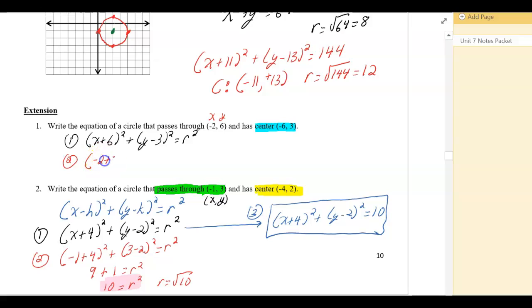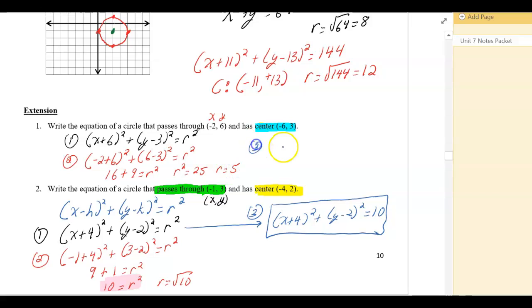So negative 2 plus 6 squared plus 6 minus 3 squared is equal to r squared. Using my calculator, I get 16 plus 9 is equal to r squared, which tells me r squared is 25, or the radius is 5.